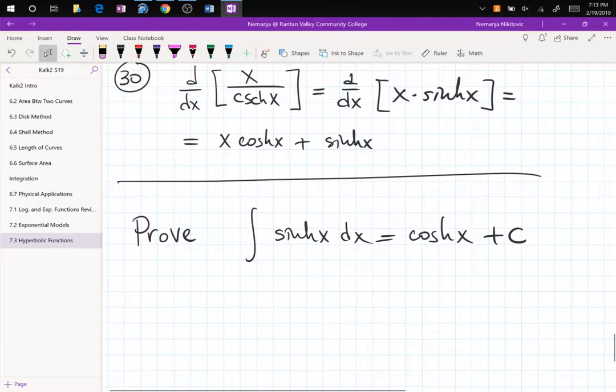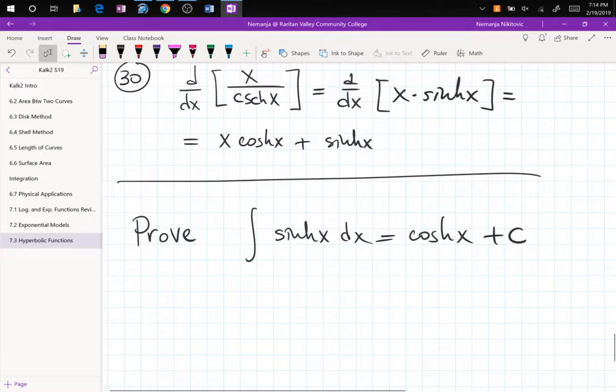Oh, it's the integral. See what you did? I haven't done anything yet. Okay, sine. Oh, we have to integrate both sides? Just integrate left to get right.